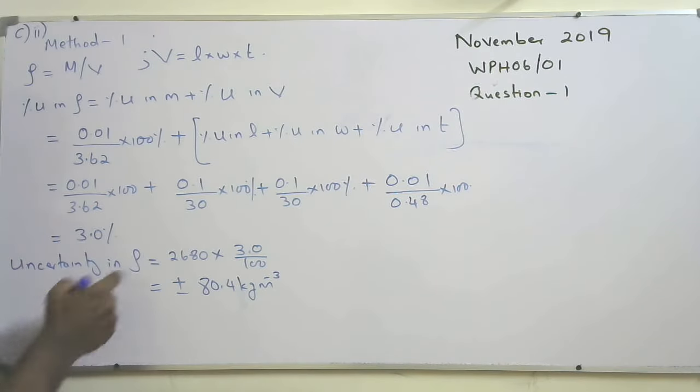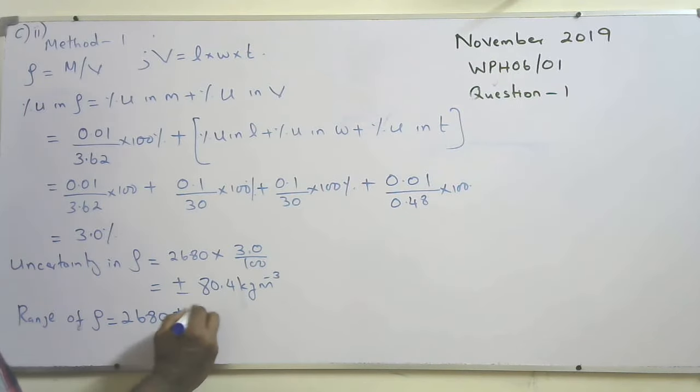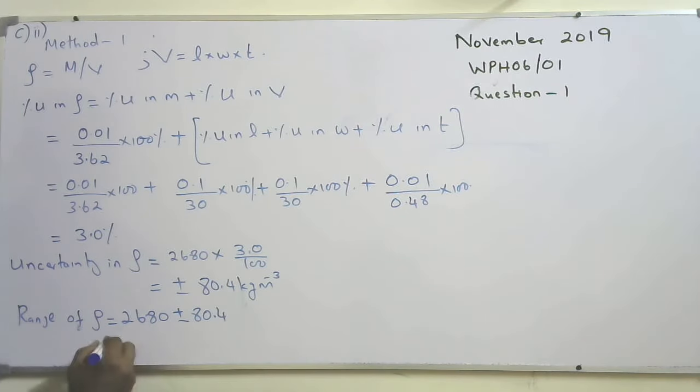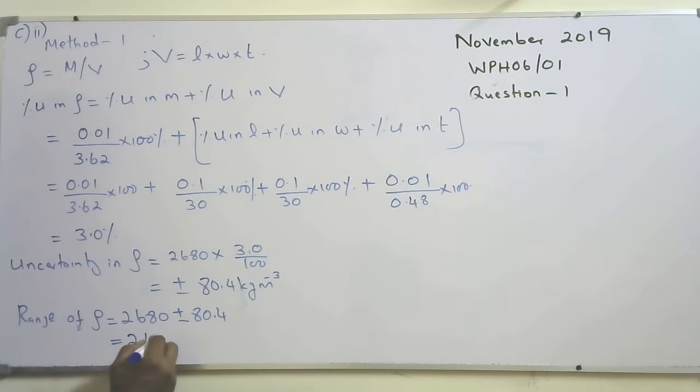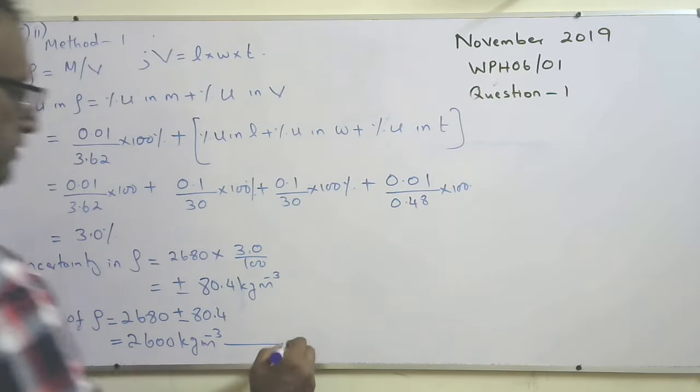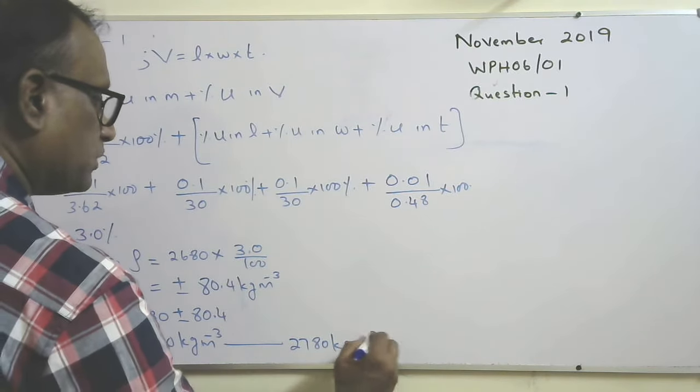Okay, so the range of density equals 2680 plus or minus 80.4. So we can get it from 2600 kilogram per meter cube to 2780 kilogram per meter cube.